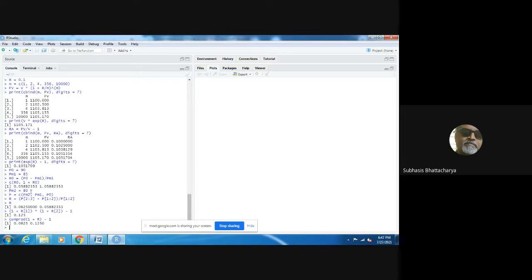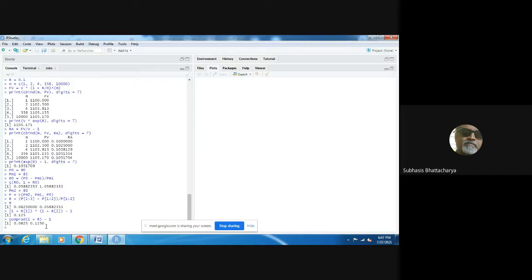I am introducing only the P0, that is the PM2, sorry, 80, and then I consider PM2, PM1 and P0, and then I get the 6.25% and 5.88%. Then I consider this, that is 12.50, using the same calculation with R functions.